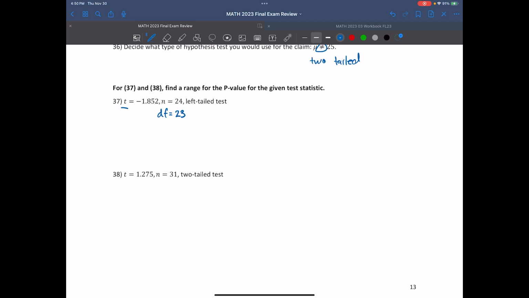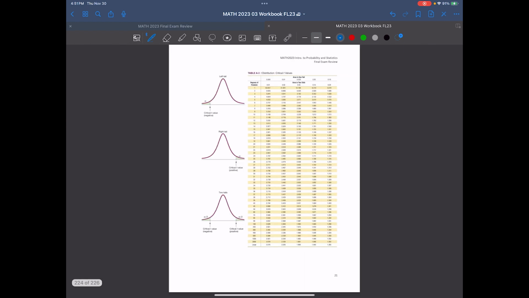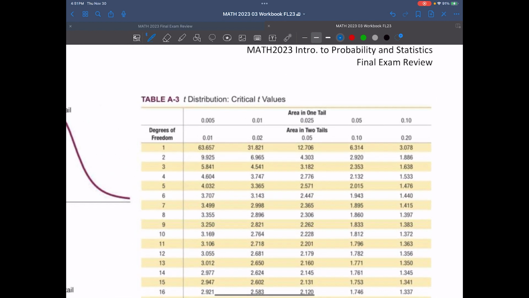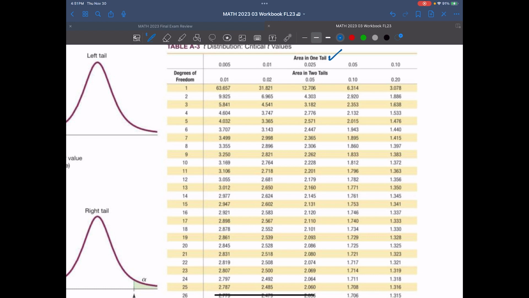A left-tailed test, so when we're looking at our distribution, we're going to be considering the left tail. This is just one-tailed, so we need to use the t-table, the one with the critical t-values. It's a one-tailed test, so just the left tail. And the degree of freedom was 23.